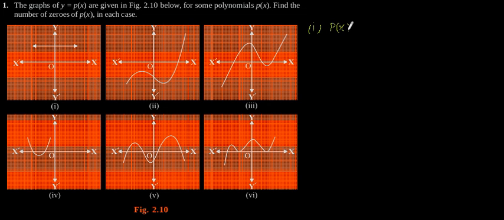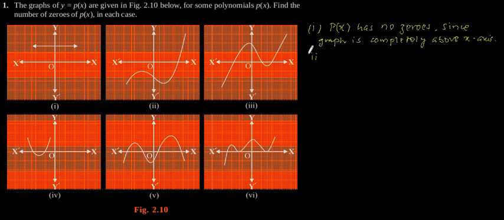Polynomial p(x) has no zeros since the graph is completely above the x-axis.